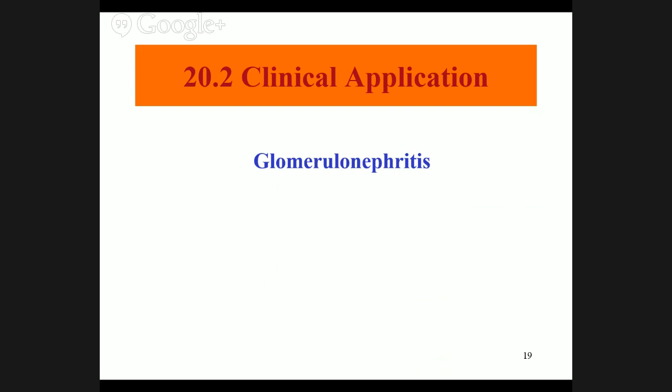20.2 has a clinical application on glomerulonephritis, which usually results from an abnormal immune reaction that develops 1 to 3 weeks following bacterial infection by strep. The infection is not in the kidneys, but the antigen triggers production of antibodies that form insoluble immune complexes that travel in the bloodstream and lodge in the kidneys.